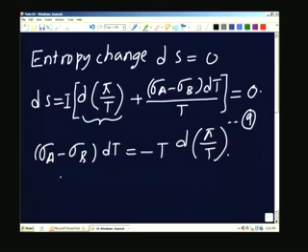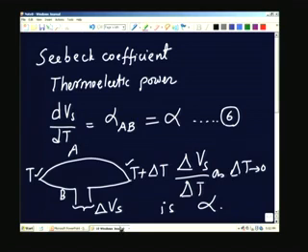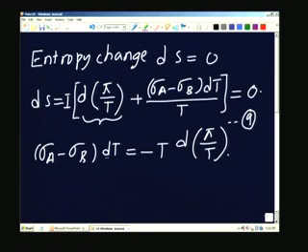If I go back, I have got the expression dVs equal to d pi plus (sigma a minus sigma b) dt, and what I have now done is to get (sigma a minus sigma b) dt from here.